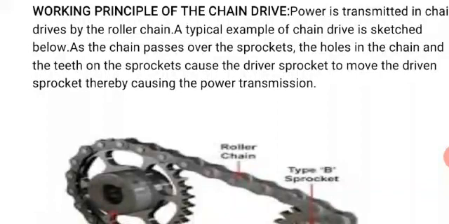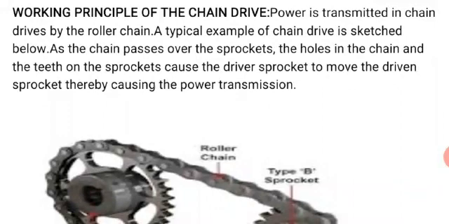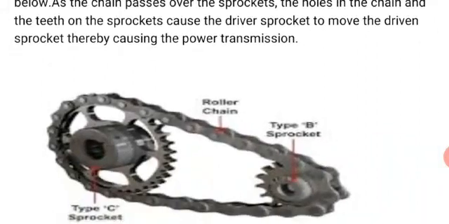Now, the working principle of the chain drive. Power is transmitted in chain drives by the roller chain. We can all see it vividly from the diagram. So it is the roller chain that helps the machine to rotate both sprockets.